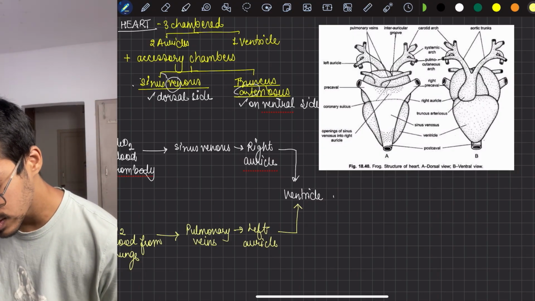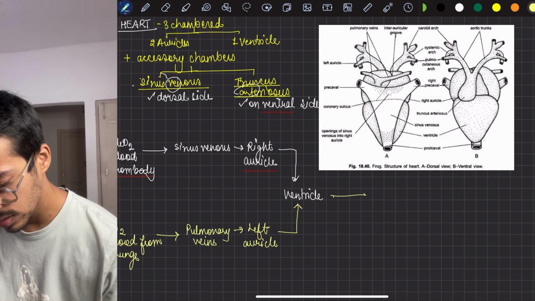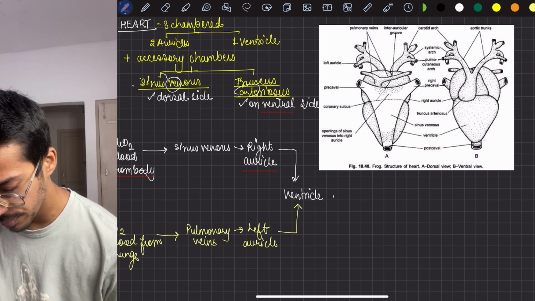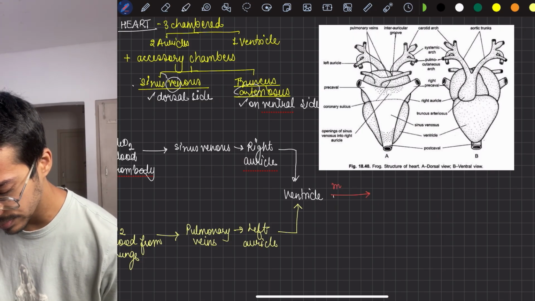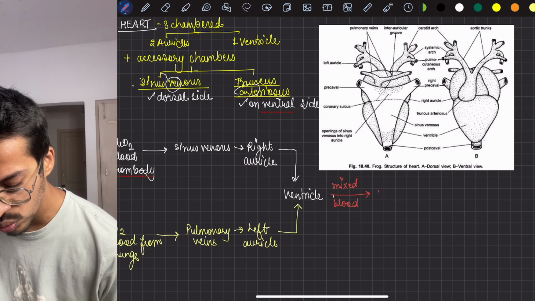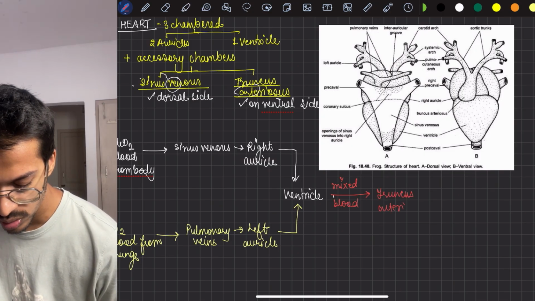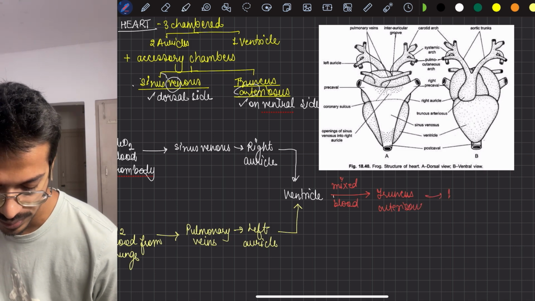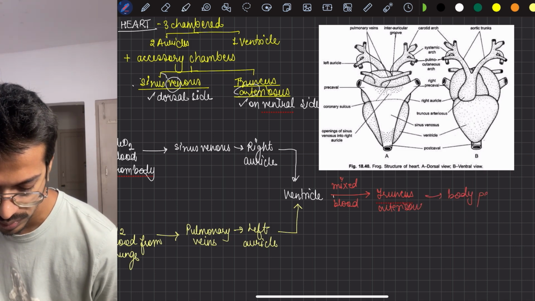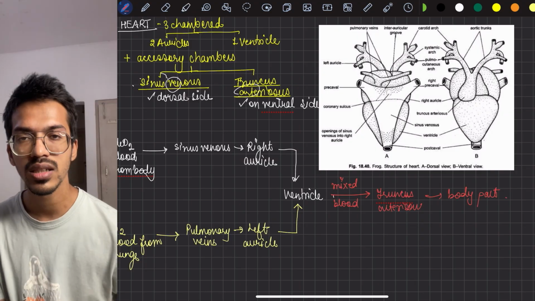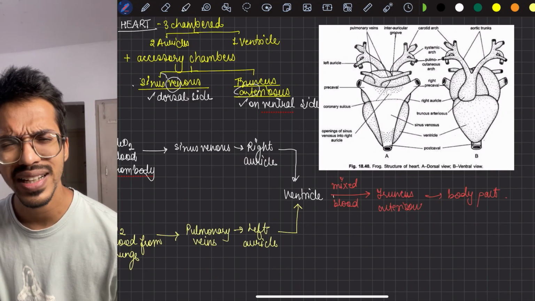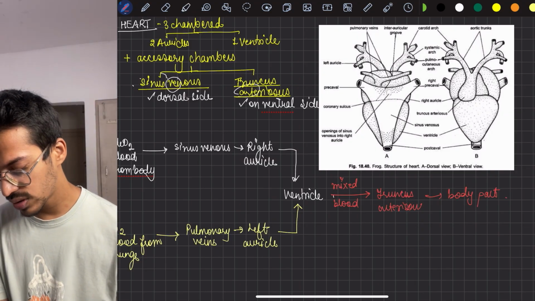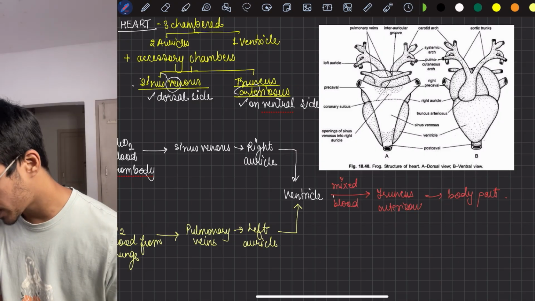From the ventricle, this mixed blood is thrown through the truncus arteriosus towards the body parts. So it happens something like that. Clear with this? Okay, so this is how its basic working is.